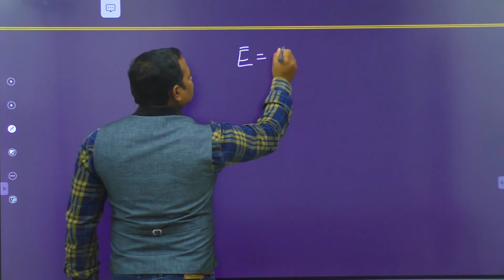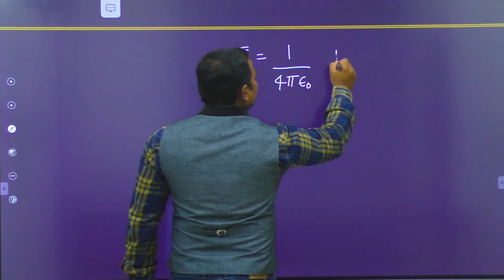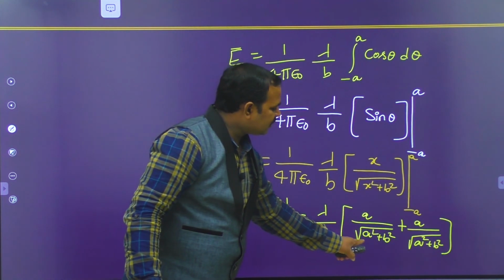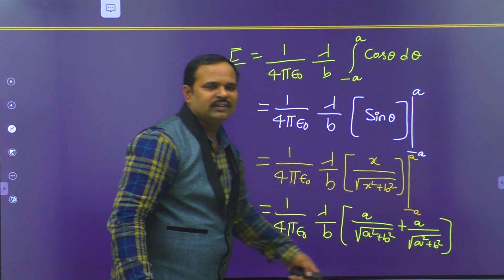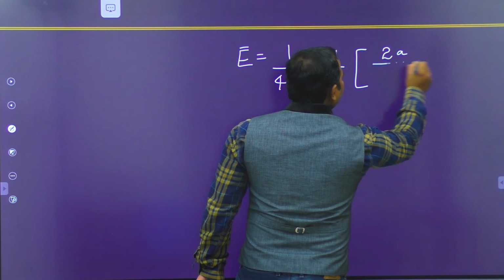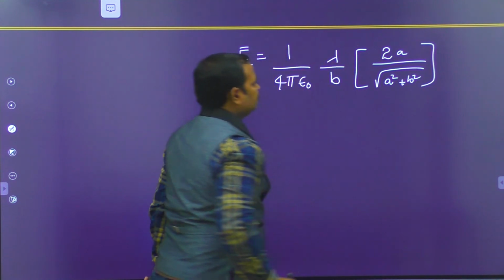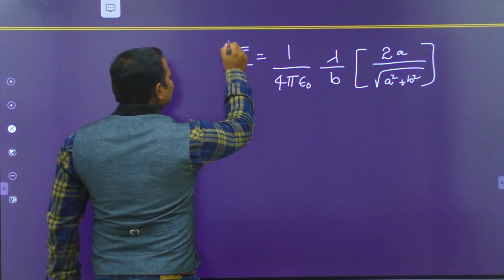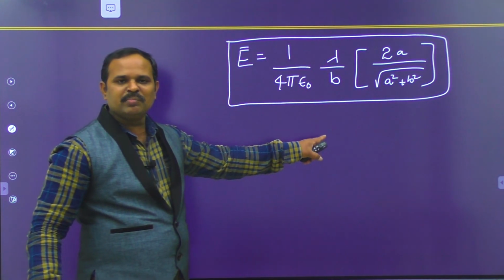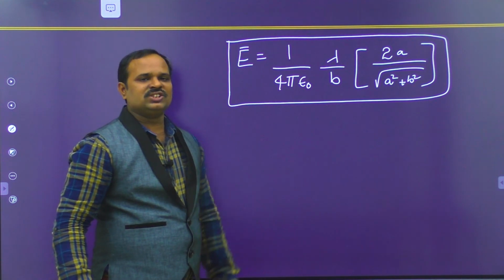E bar is equal to 1 by 4 pi epsilon naught, lambda by b into a by root of a square plus b square plus a by root of a square plus b square, that will be 2a by root of a square plus b square. So this is the electric field at a point 0 comma b on the y-axis because of uniform distributed line charge.